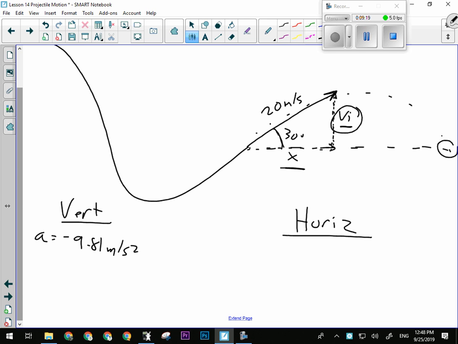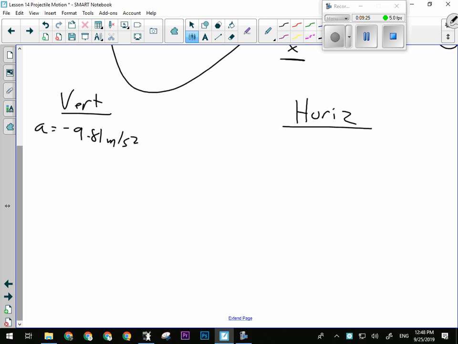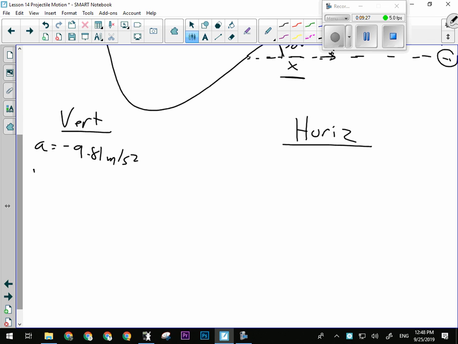If I want to find the opposite side, I use the sine of the angle multiplied by the hypotenuse. This is why we learned how to do vector components. So I'll go sine of 30 times 20 meters per second, and I find that he was moving upwards at 10 meters per second. That was his initial vertical velocity.